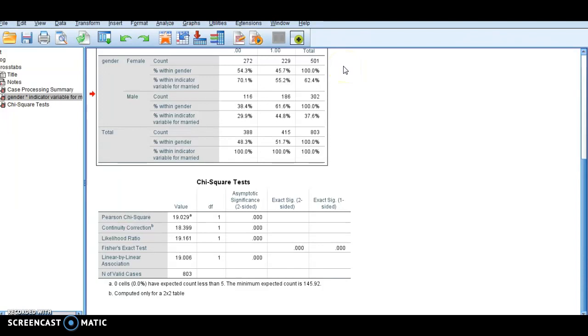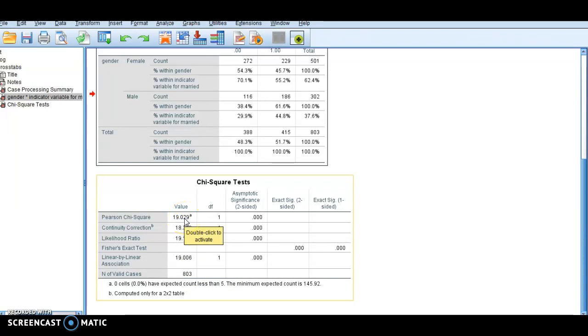If any of the expected cell counts was less than 5, you would get a warning down here that would say something like, one cell, which is 25% of the cells, has an expected count of less than 5. The implication is that if any of the cells has an expected cell count of less than 5, then the Fisher's exact test is a more appropriate test than the chi-square test of association. We don't have that error, so for us, we can just look at the chi-square.